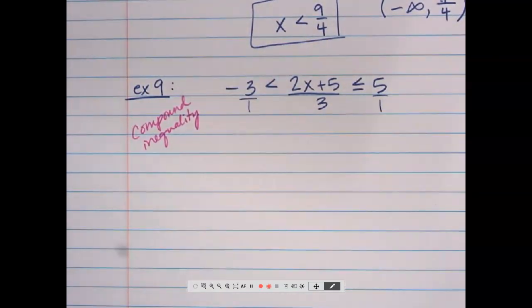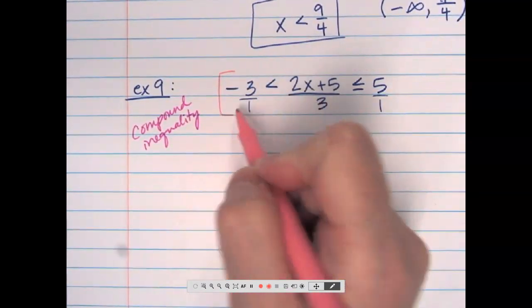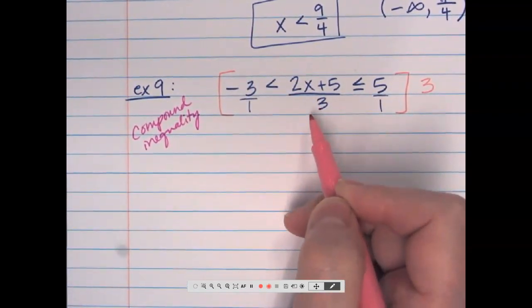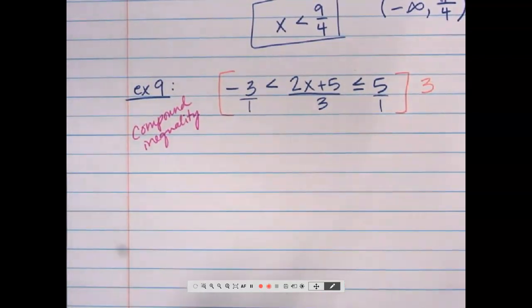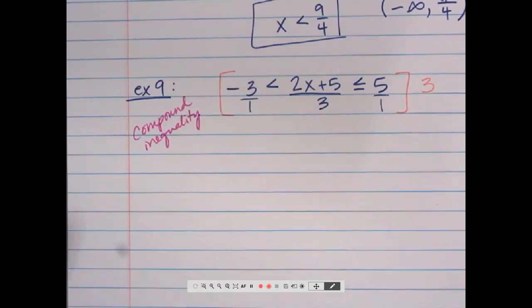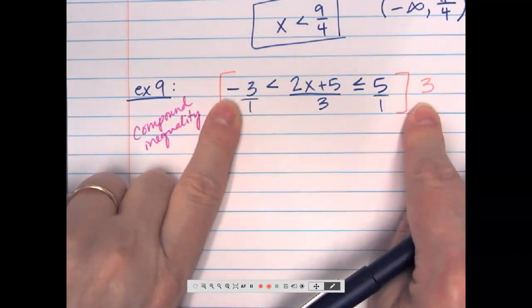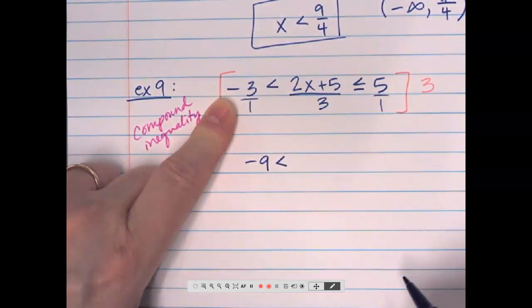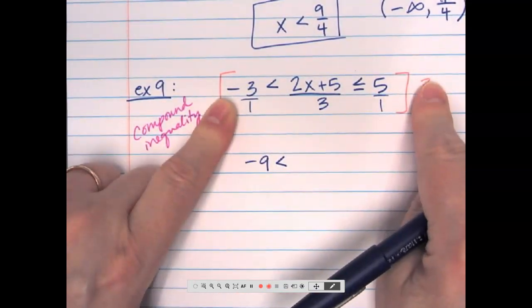Okay, so I'm going to multiply everything by 3. And again, the only reason I'm using 3 is that's the denominator. Okay, so I just have 1, 2, 3 things to distribute now. Okay, so negative 3 times 3 becomes negative 9. I'm not multiplying by negative, so it's still less than.